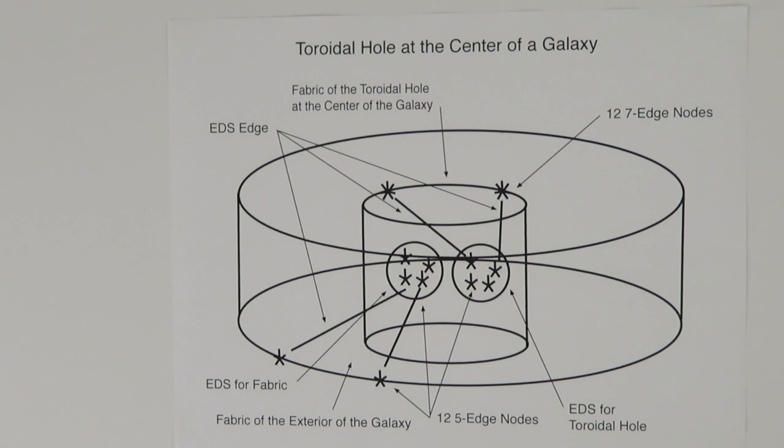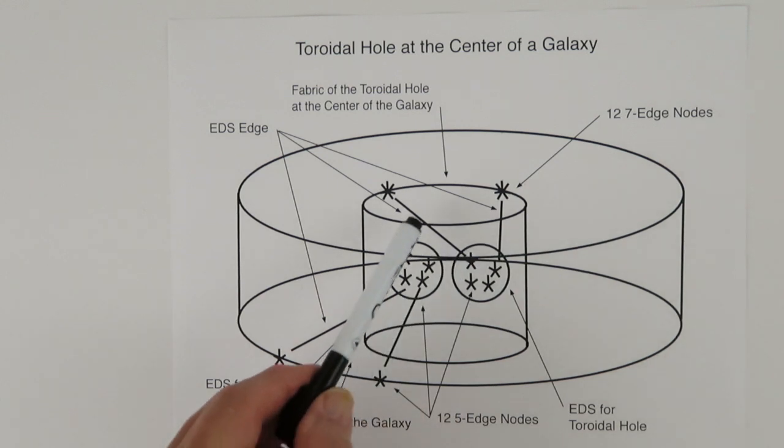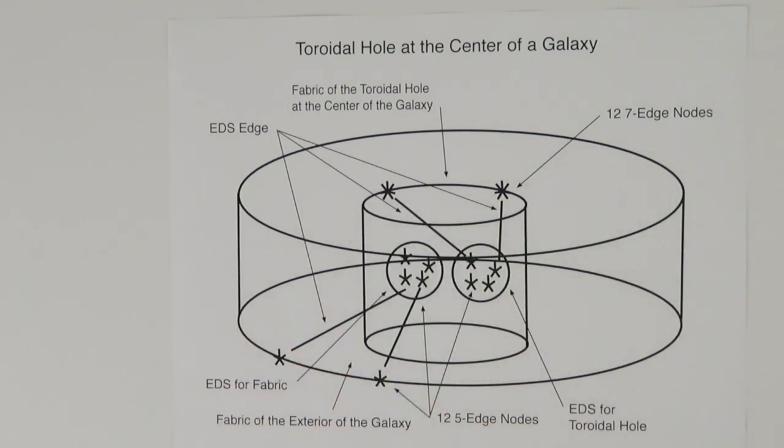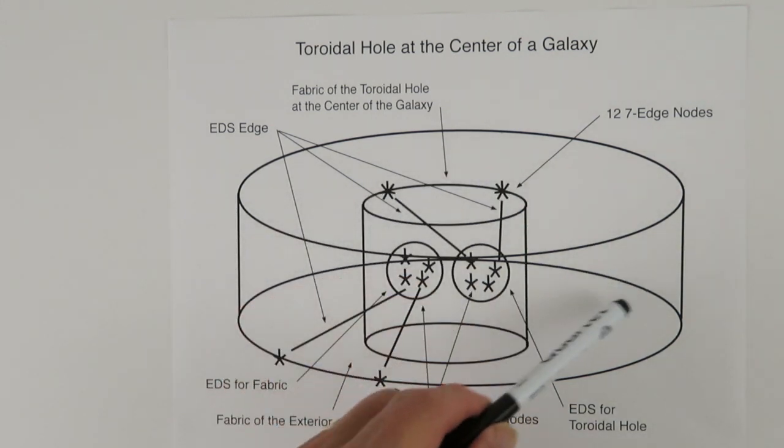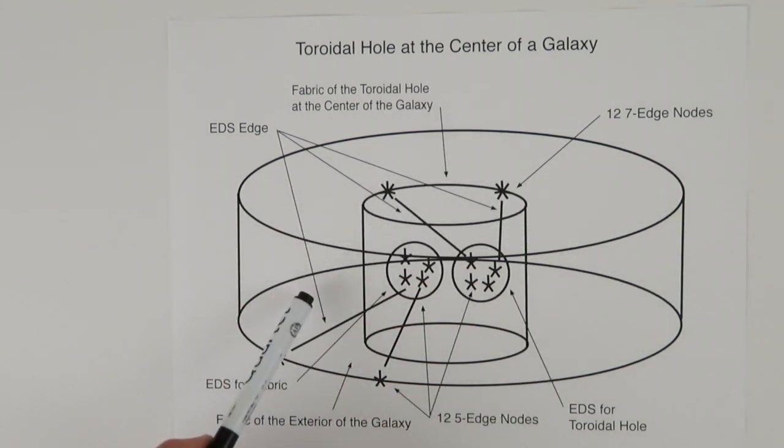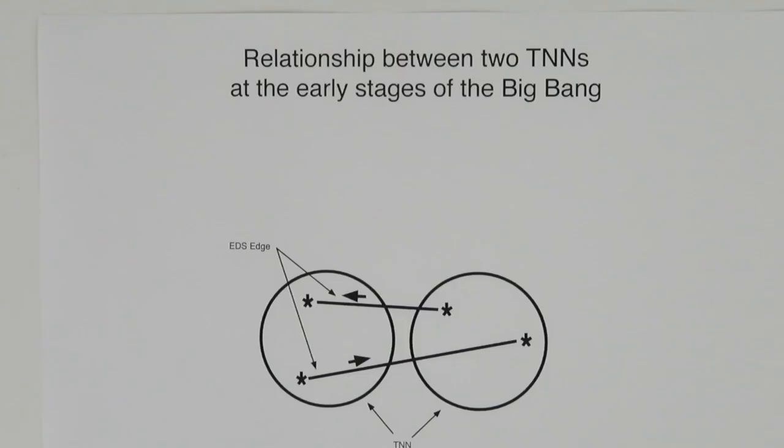Now, whether the toroidal hole is causative or only merely a property of the galaxy is not clear, but the notion in the Triangular Neighborhood Networks of a bag and then a toroidal hole at the center is quite ordinary and simple. This bag could be filled with all sorts of other objects, stars, whatever, and dust.